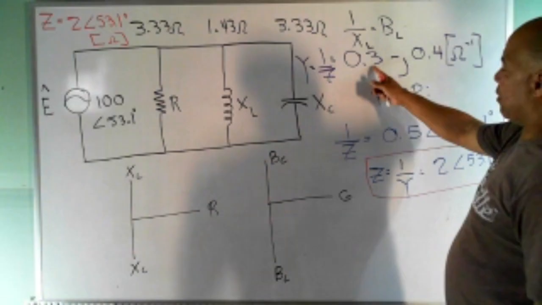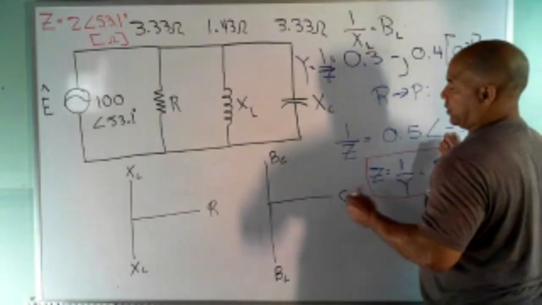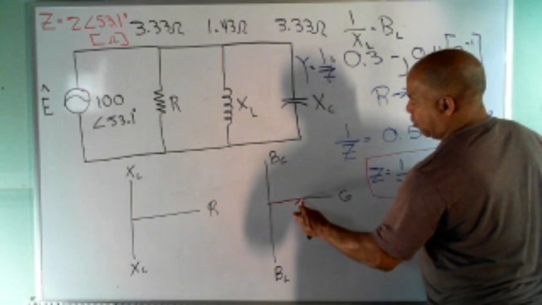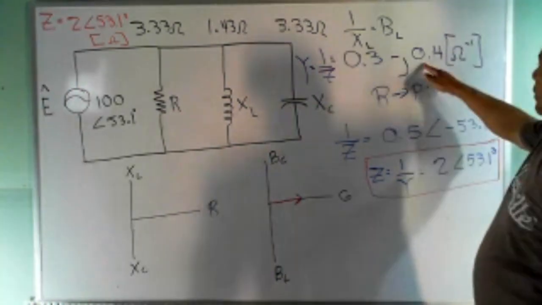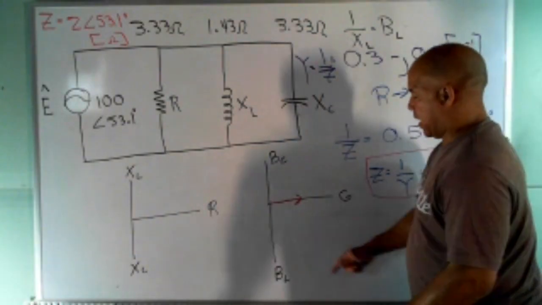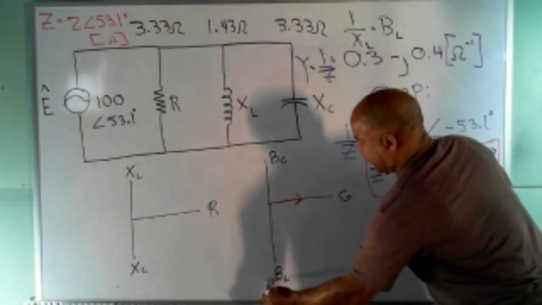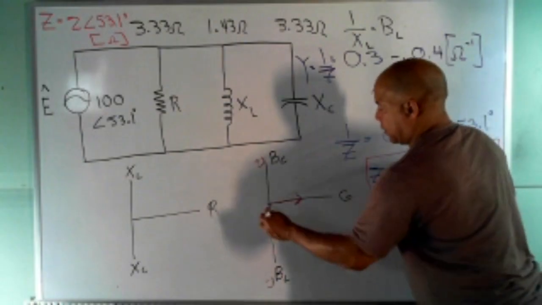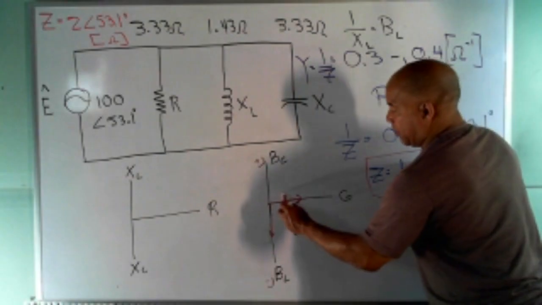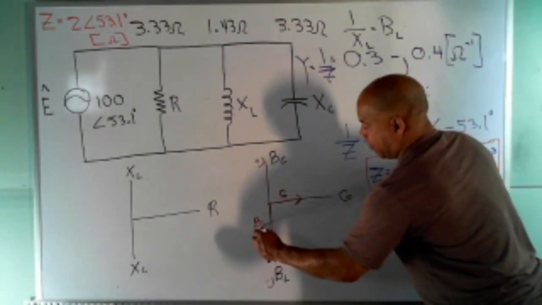And then what you could do is just graph this. I go over 3 on my inductance, so I'm going to go out 3. I'm just going to guesstimate it. Then we'll go down 4 units, this is my minus j. So this would be G, and this would be BL.